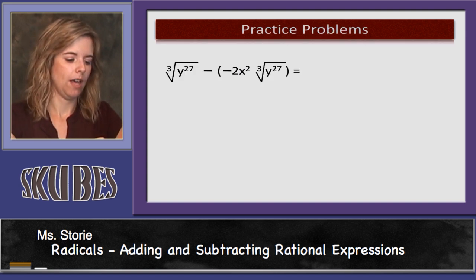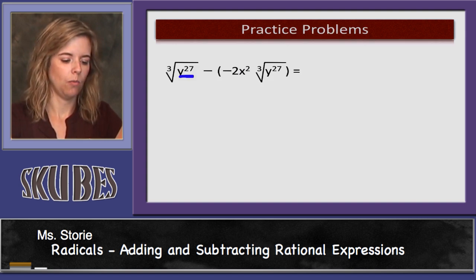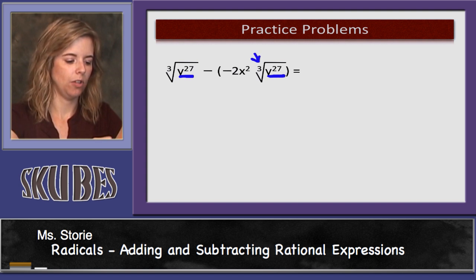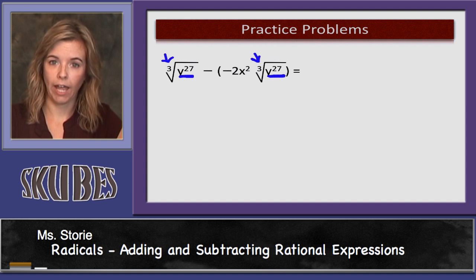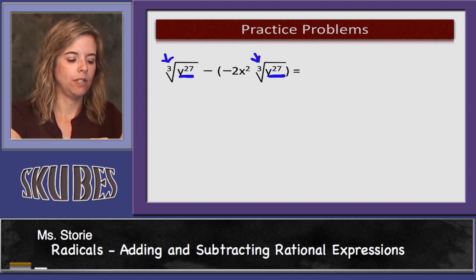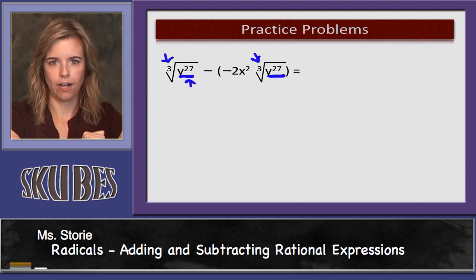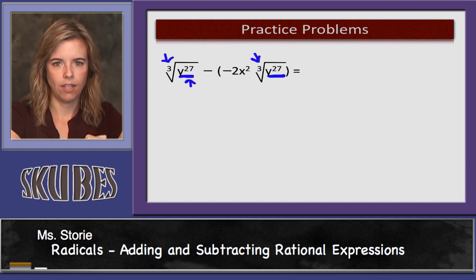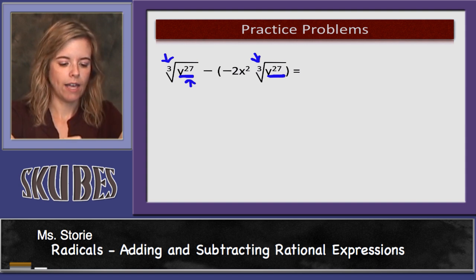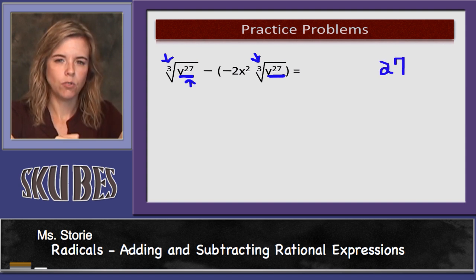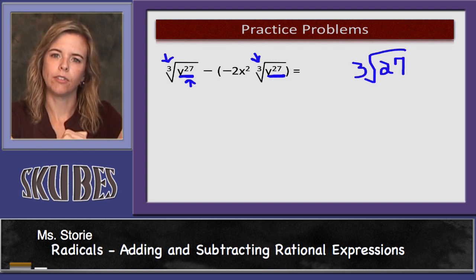Let's look at the next one. I've got y to the 27th, y to the 27th, and they're both cube root. Those are exactly the same as far as the terms go. They're like terms, so we can go ahead and add or subtract. First of all, you need to make sure that you've fully simplified under the radical. Turns out y to the 27th is not fully simplified. And if you remember the shortcut, what it's actually asking you is, if you have 27 y's, how many groups of 3 go into 27?